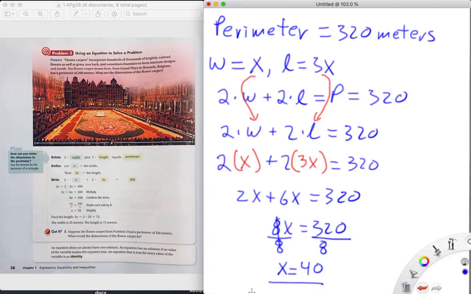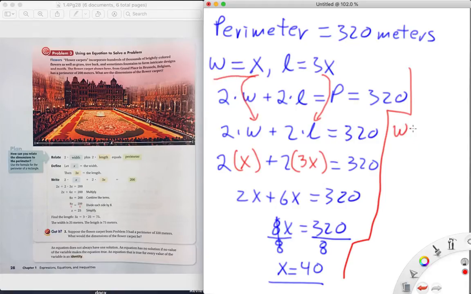But that's not what we want. We want the length and the width. So now that we know that x is equal to 40, we know that the width is equal to x.